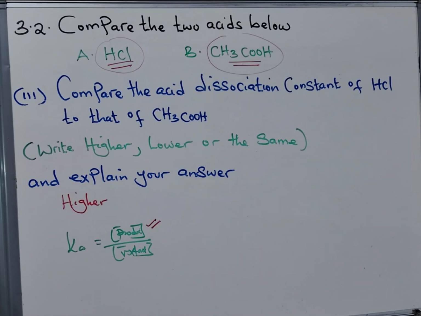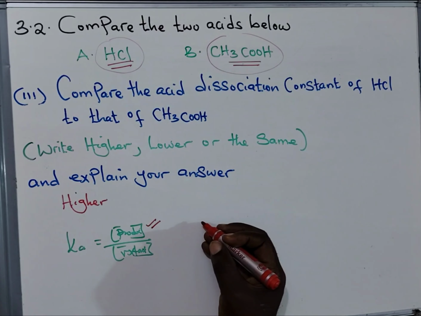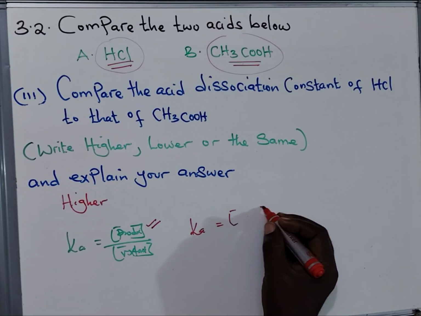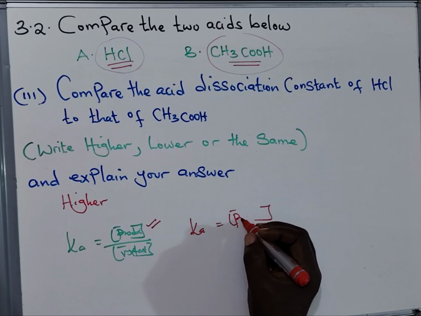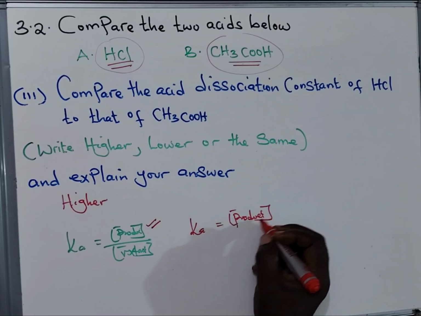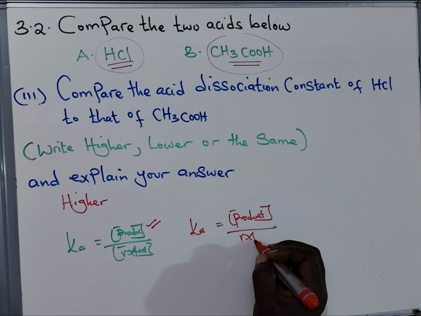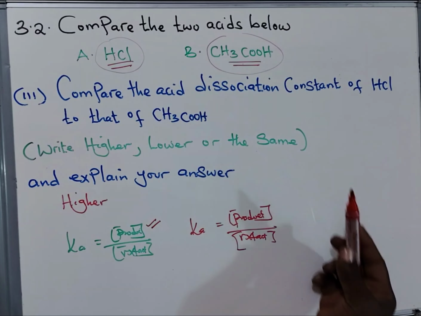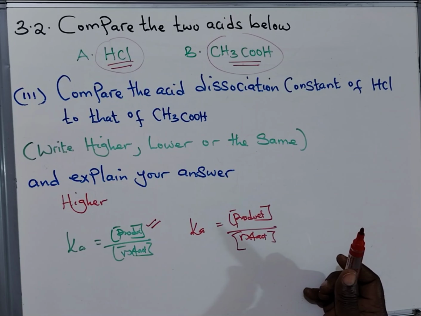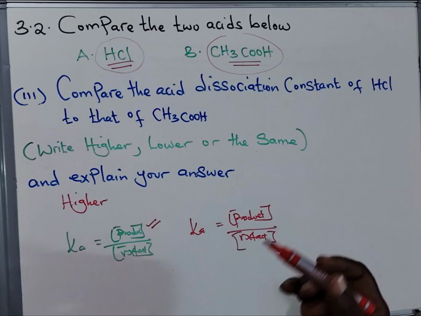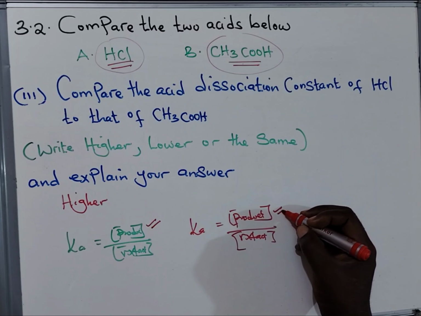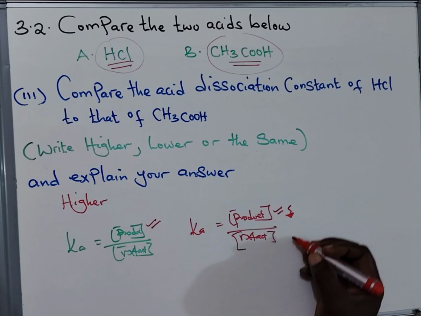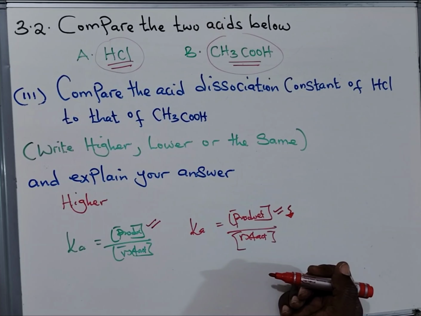That is compared to our ethanoic acid. For ethanoic acid, if we look at the same, which is product over reactant, this one is partially ionized. It means that our product is going to be relatively low compared to that.